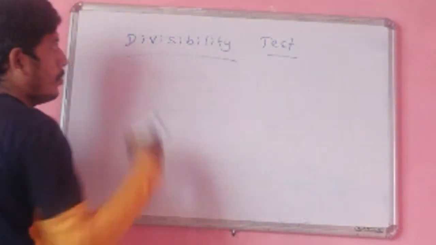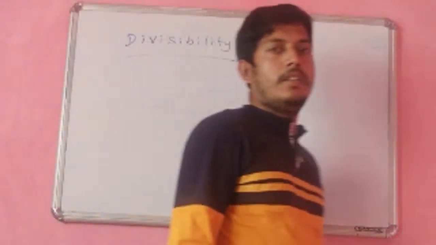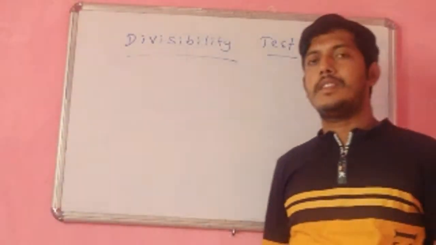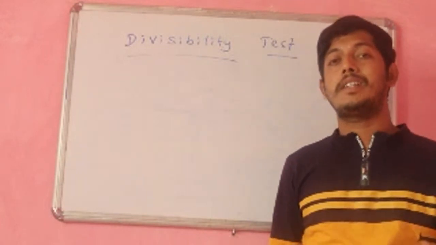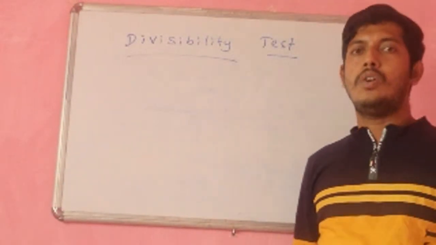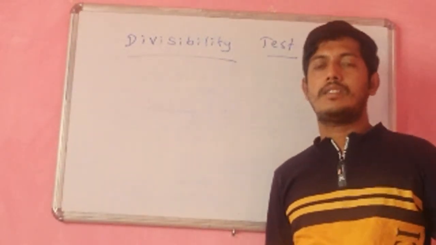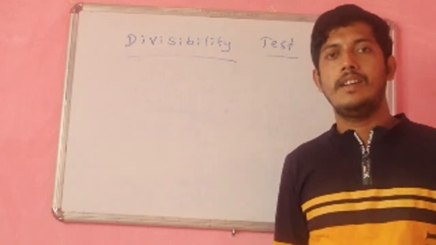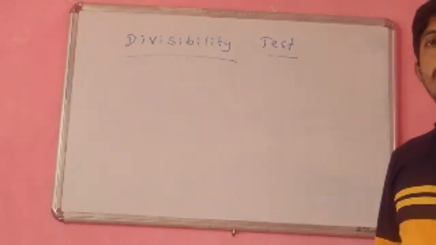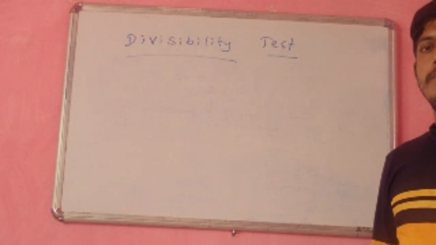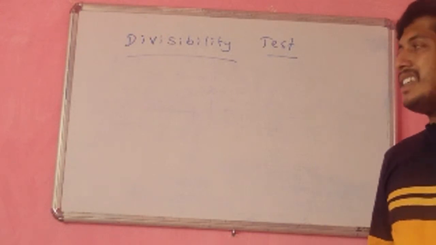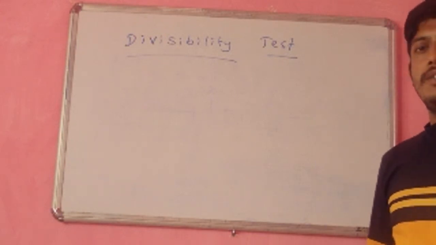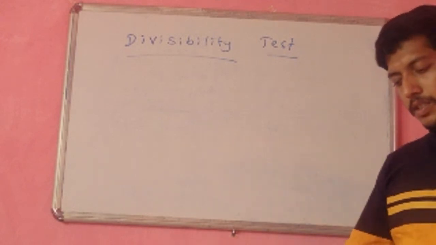So if a certain number is given and we have to find out whether that number is divisible by 2 or 4 or 6 or 9 or 3 or 10 or 5, which method do we have to follow? That is present here. Okay, first given is the divisibility by 10.